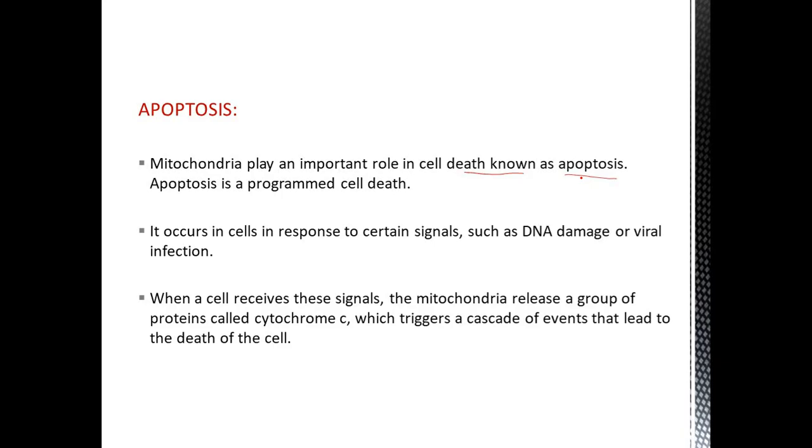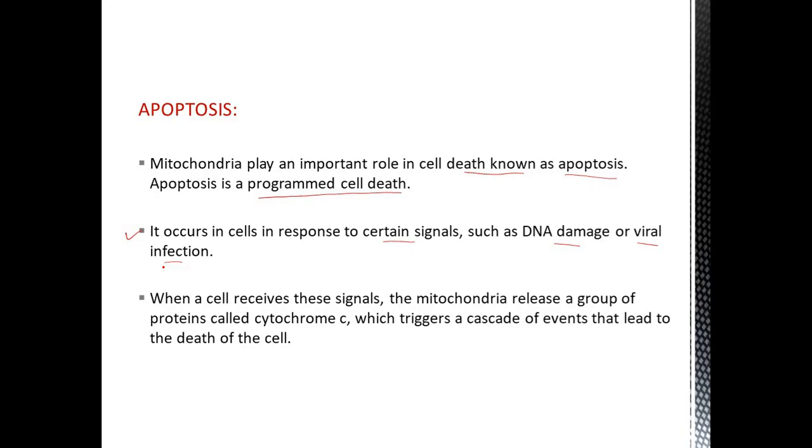That death is a programmed process called apoptosis. It is done by mitochondria. Apoptosis is programmed cell death. It occurs in the cell in response to different signals. What are the signals when apoptosis will occur? Signals such as DNA damage and viral infection show that the particular cell must be removed so that the other cells will continue their healthy processes, and this process is called apoptosis.